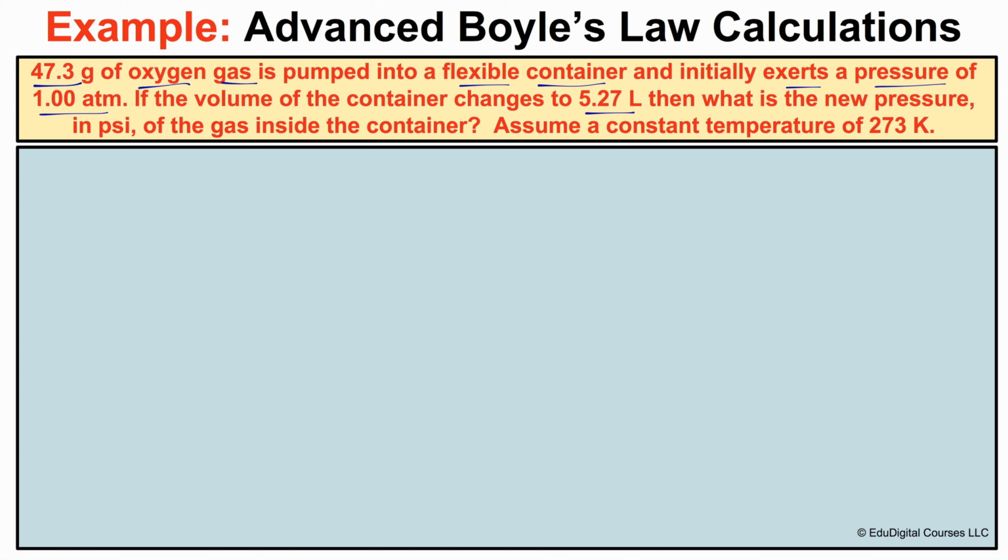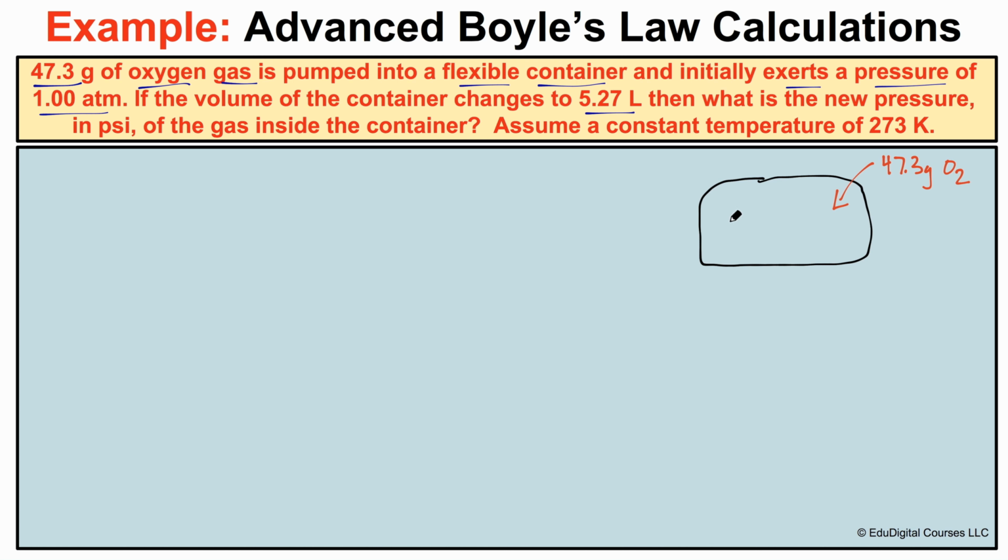We have a container, a flexible container. So here's our flexible container. And what we're going to do with this flexible container is pump in what appears to be 47.3 grams of oxygen gas. Remember, oxygen is diatomic, so it's O2.